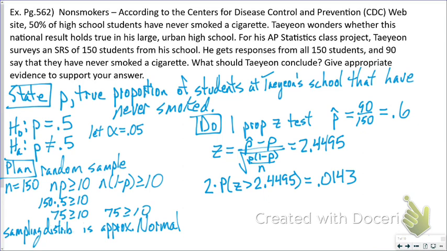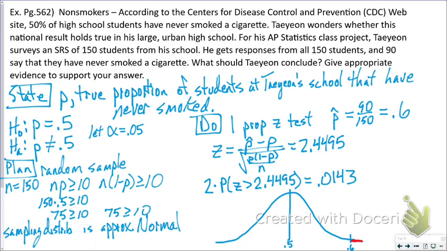If you're confused, I'm going to have to erase this in a second. It's because this is our hypothesis. Whoops. 0.5. 0.6 occurred way out here. And it has a tail out there, like a shaded area. The calculator found the area beyond that.